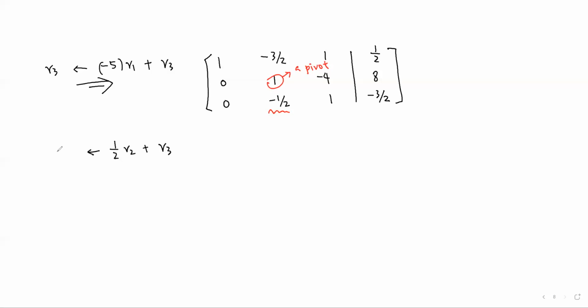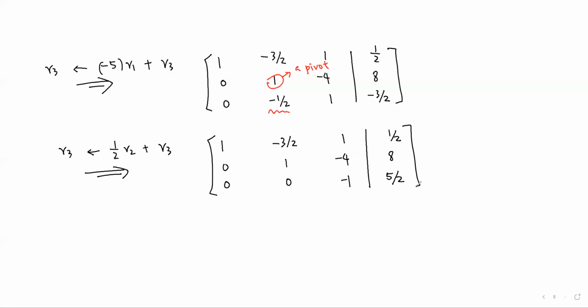Put the result in row 3. We call this operation replacement. Then I get 1, -3/2, 1, 1/2, 0, 1, -4, 8. The third row becomes 0, 0, -1, 5/2.